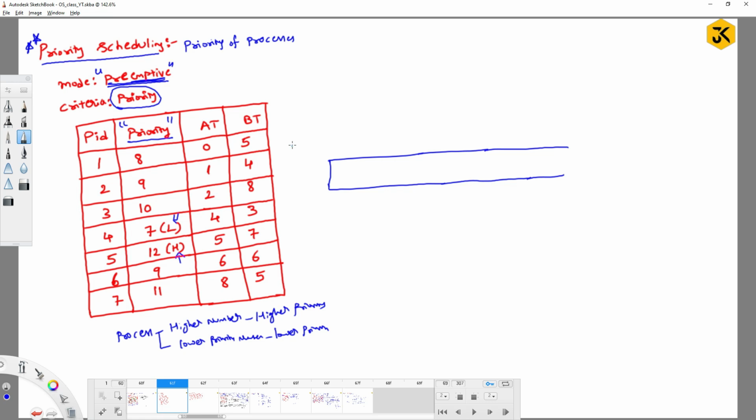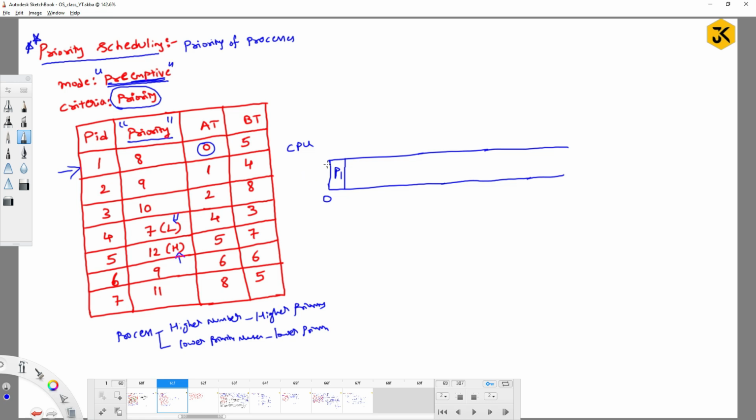Assume that this is a CPU and 0 units of time. At 0 units of time, which processes have arrived? P1 arrived at 0 units of time, and its burst time is 5 units. But as we have only one process, P1, no need to check the priority.